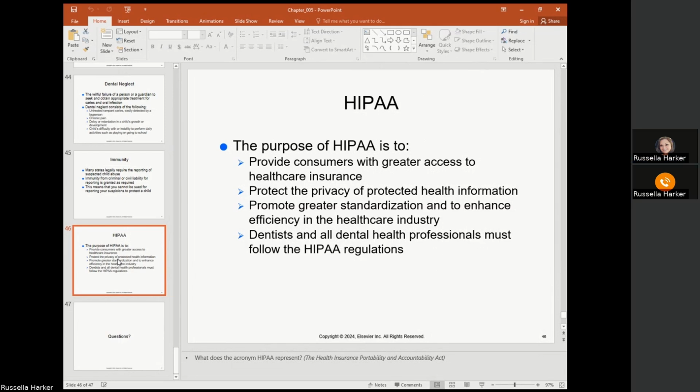It's not even a violation then. But it's very important that you understand HIPAA.